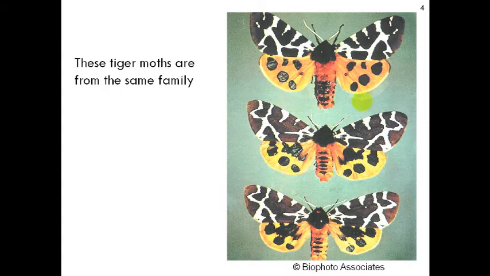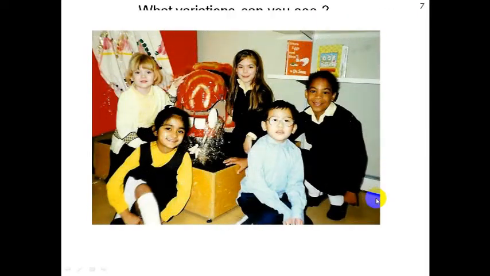These tiger moths are from the same family, moth. What variations can you see? You see the first individual, second individual, and third individual. All of them have different variations. Among this group of children, what variations can you see? Variations in hair color, eye color, skin color, and hair type. Even though they are all the same species, human, they vary.